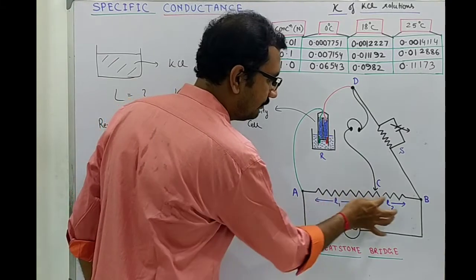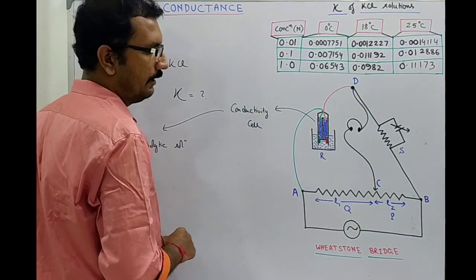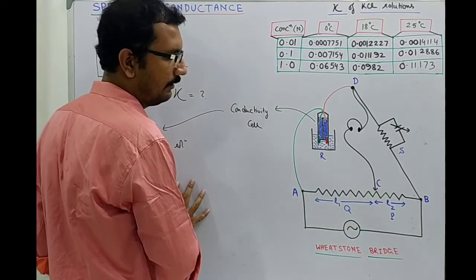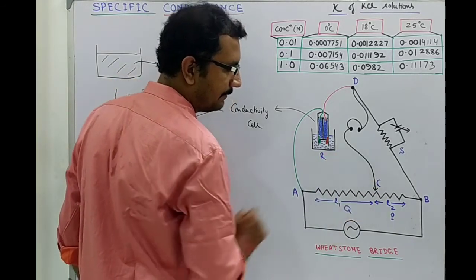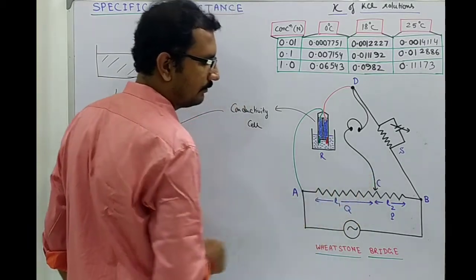This is a uniform wire having uniform resistance, and you can see there is a pointer C which can slide over this wire.